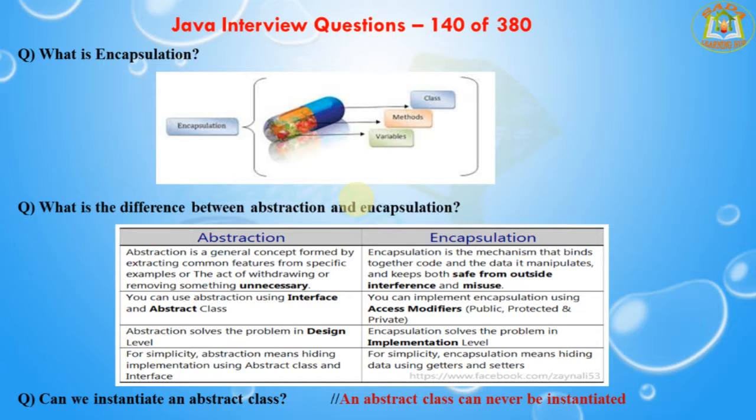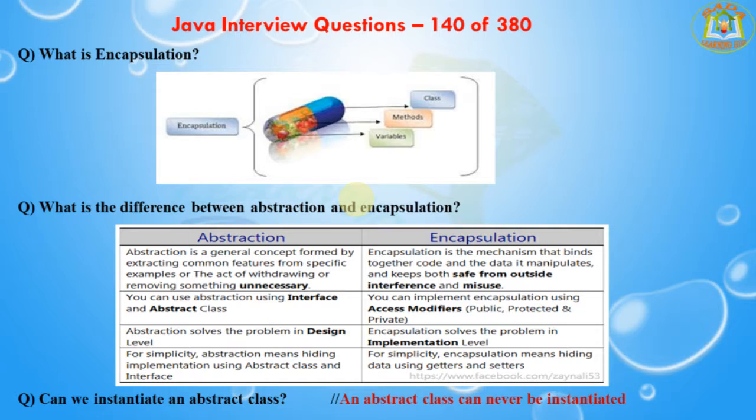The next question is, what is the difference between abstraction and encapsulation? Abstraction focuses on the outside view of an object. Encapsulation prevents clients from seeing its inside view, whereas the behavior of an abstraction is implemented. Abstraction solves the problem on the design side, while encapsulation solves the problem at the implementation level.